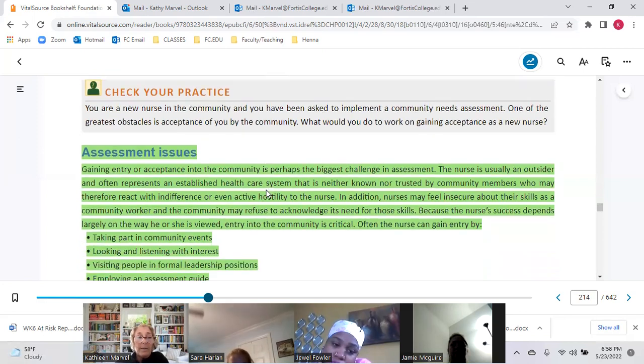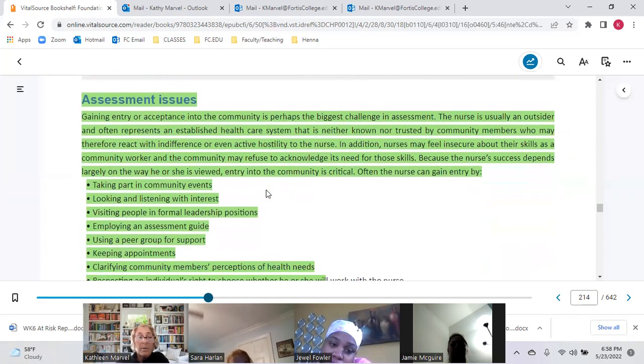Okay. And then the last thing is, how do you gain acceptance into a community? Gaining entry or acceptance into the community is the biggest challenge, right? A lot of people, they don't know you. They don't know why you're poking around asking all these questions. You're considered an outsider. They might think that you're being represented by a healthcare system, and just asking questions that they don't think you should be asking.